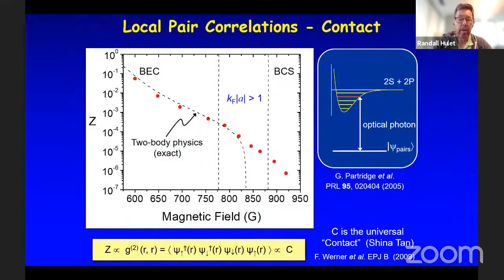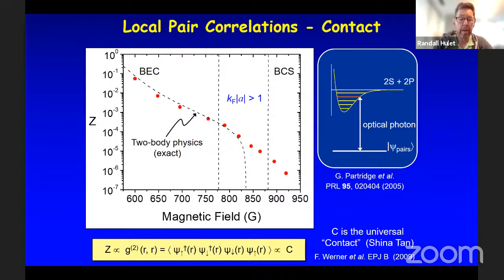So here are a couple of experiments done in our lab with lithium-6, in which we studied the BEC-BCS crossover. The magnetic field on the horizontal axis ranges from 600 Gauss to 900 Gauss or so. That is reflective of how wide this Feshbach resonance is. It's hundreds of Gauss wide, which is really remarkable.